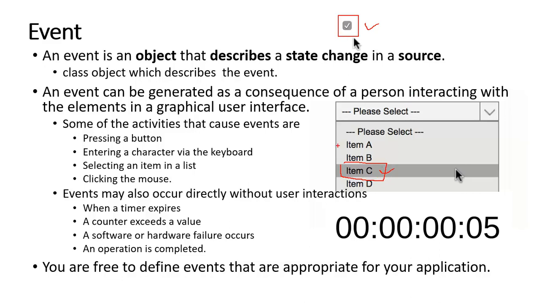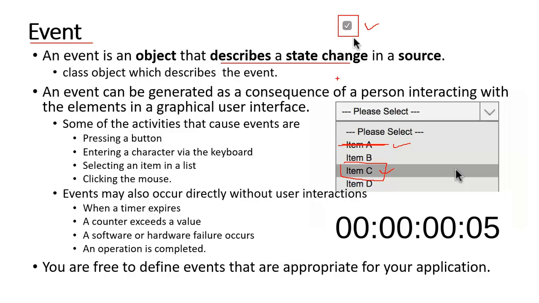Suppose I select this one, the selected state of this drop down list changes. This change is described in the event object. So the event object describes a state change in the source.